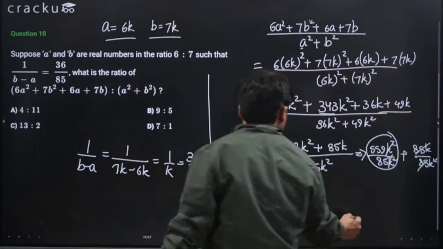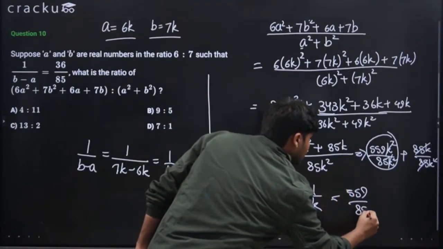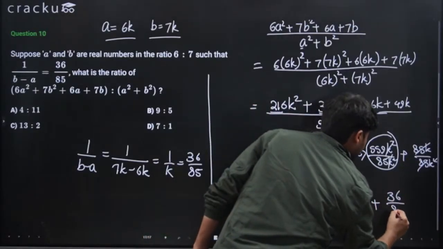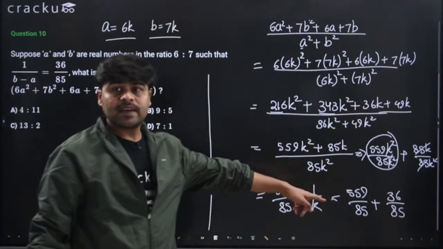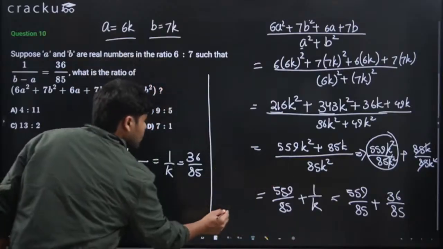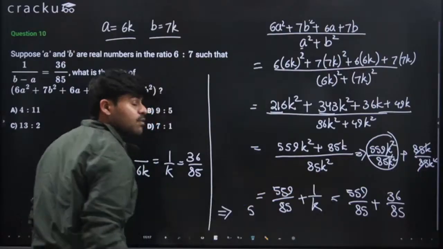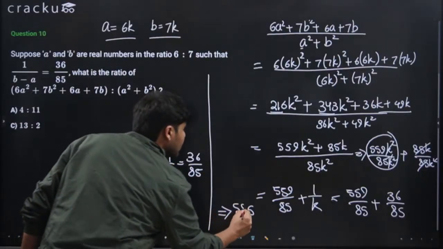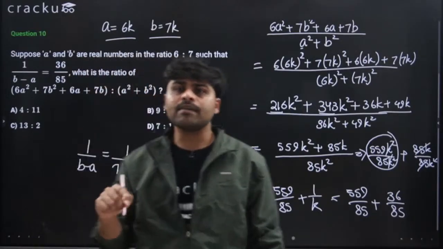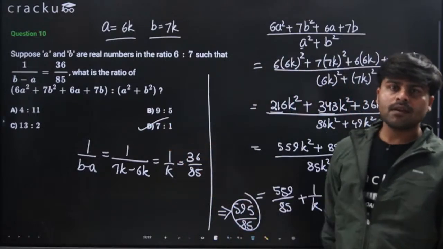So this will give us 559 upon 85 plus 36 upon 85. You can add the numerators because the denominators are the same. This gives 595 upon 85. What is 595 upon 85? 595 upon 85 is 7. So the correct answer will be 7:1. Option D. And that's it.